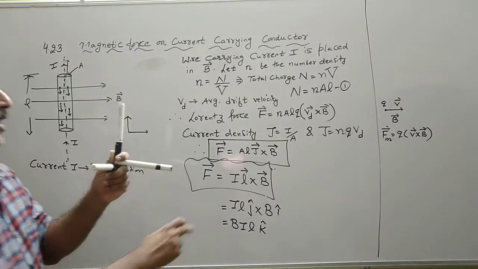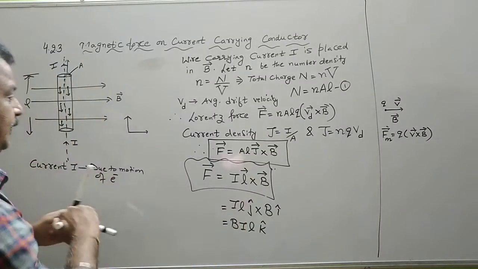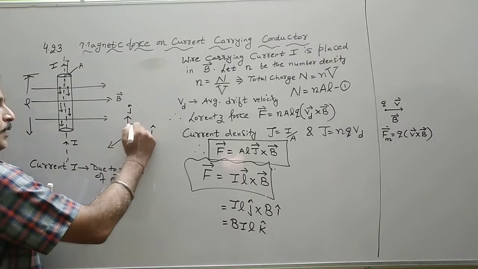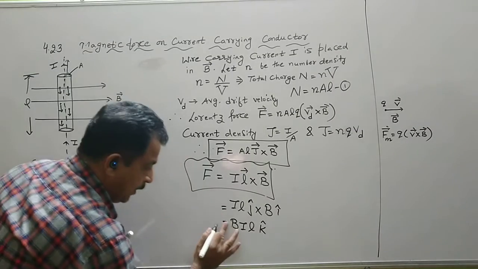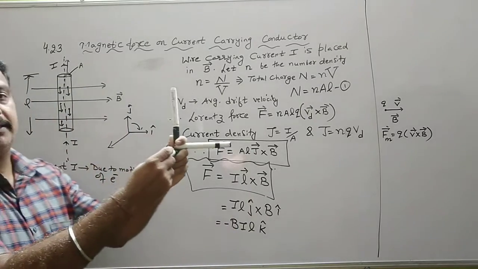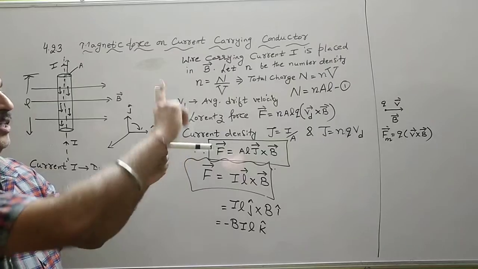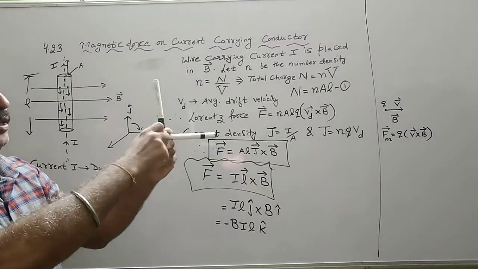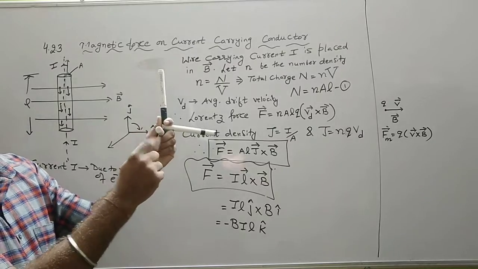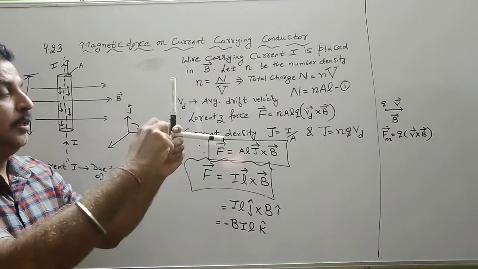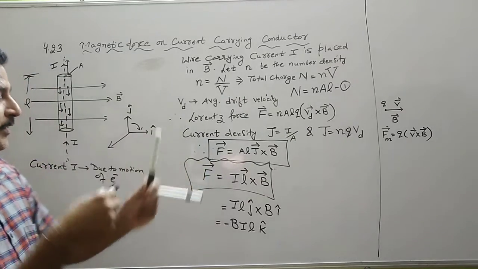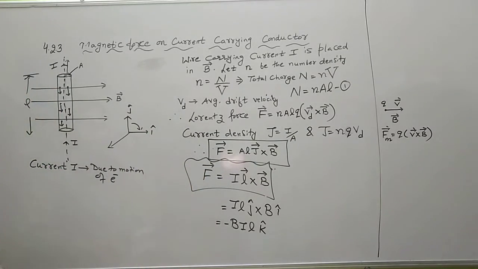So it will be J cross I. J cross I should be minus K. So if I apply this, this is my J cap, I cap, screw is tight, or if I see the head, it is a clockwise direction. So the screw goes into the plane of the board inward, that is, say, minus Z axis.